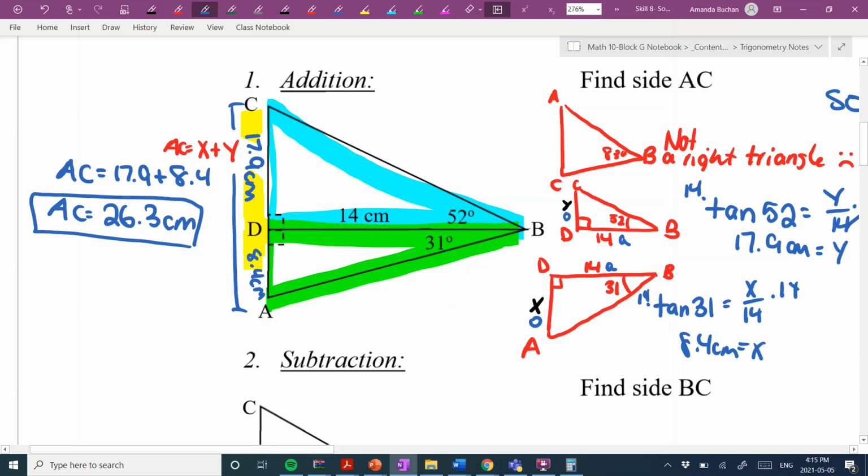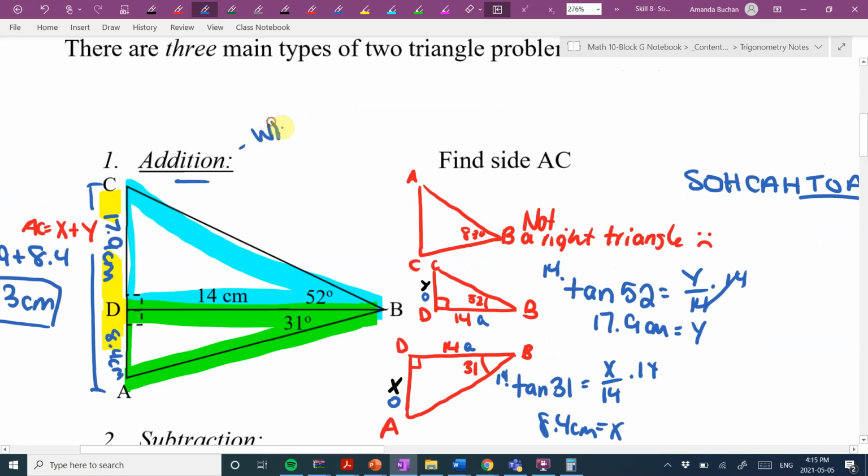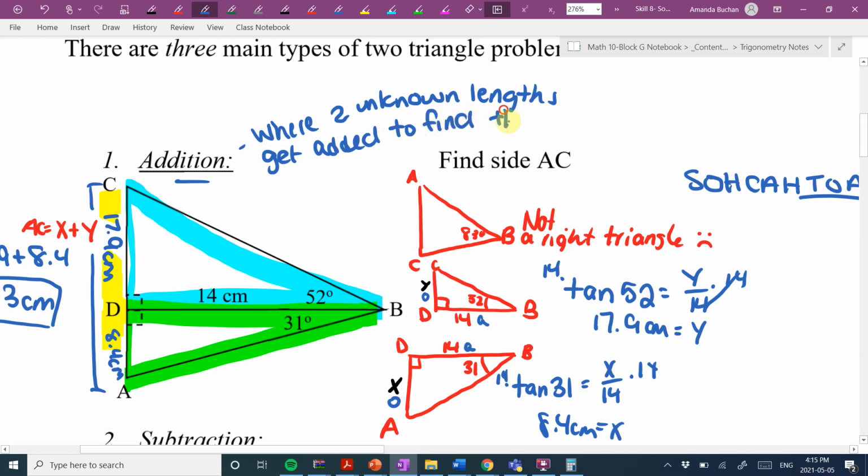So that's one example of a problem where we have two triangles that we have to use to find the full length. That's an example of an addition problem, which is basically just where two side lengths get added to find the unknown.